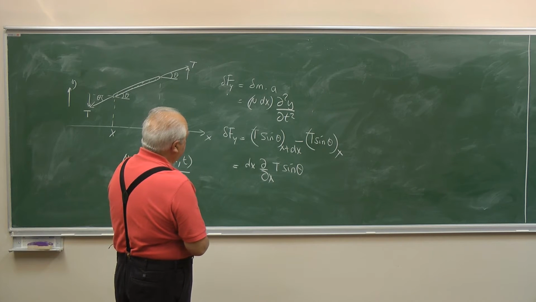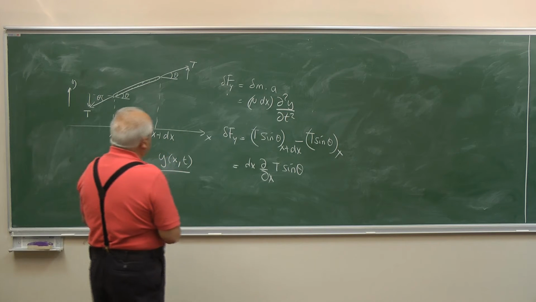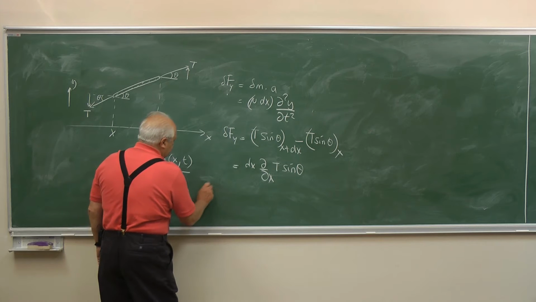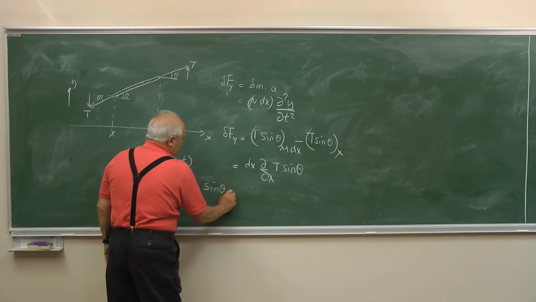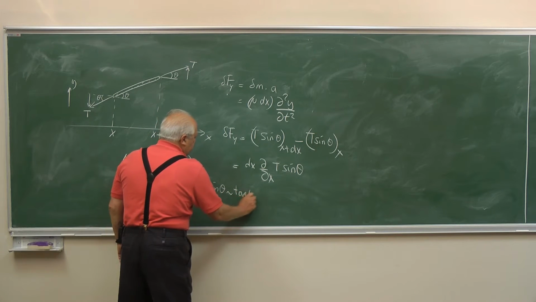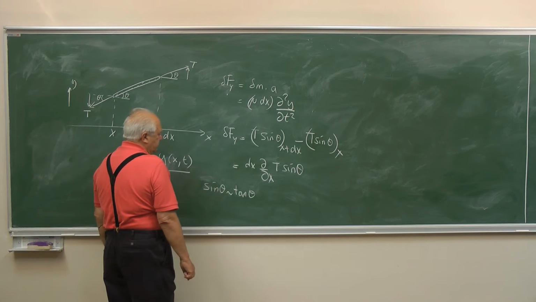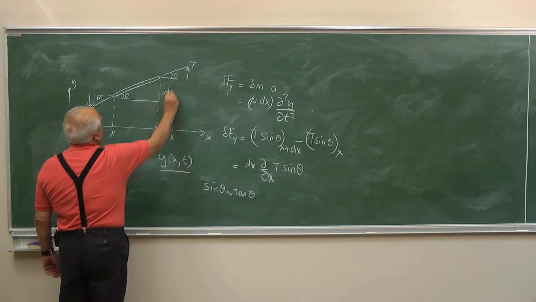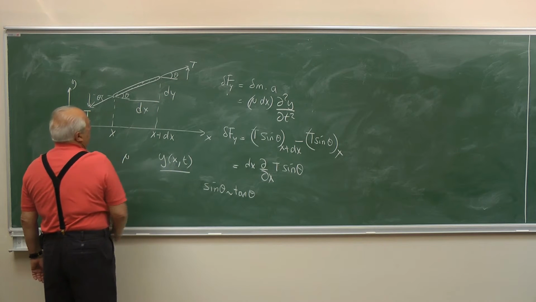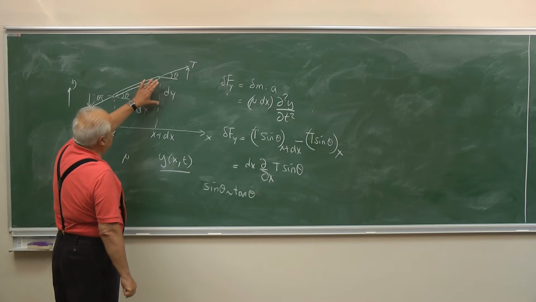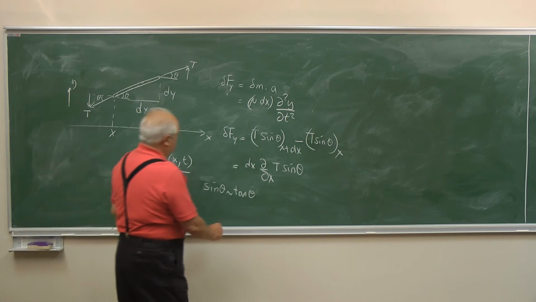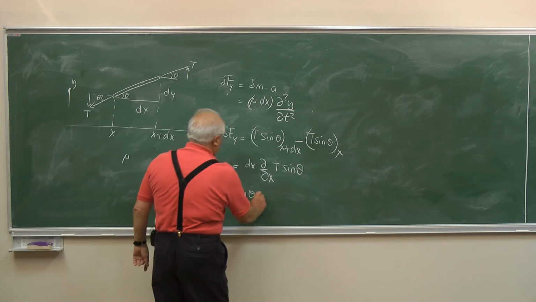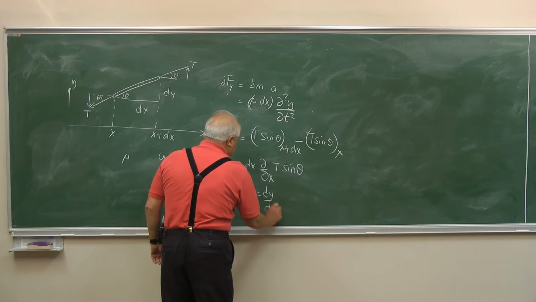And sine theta, we are considering small angles. So we will make the approximation sine theta is approximately tangent theta for small angles. And tangent theta is equal to dy dx.